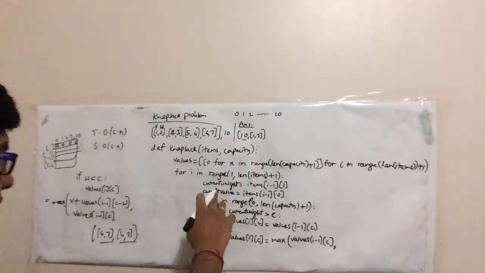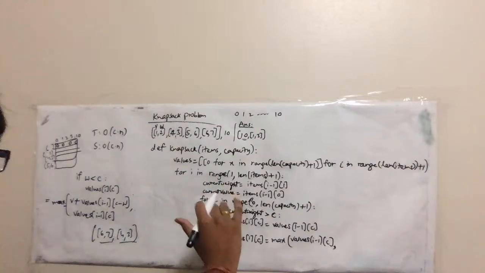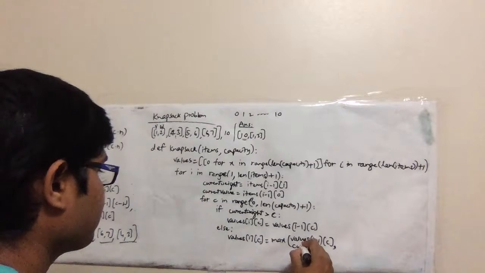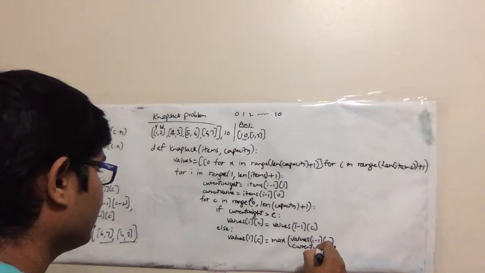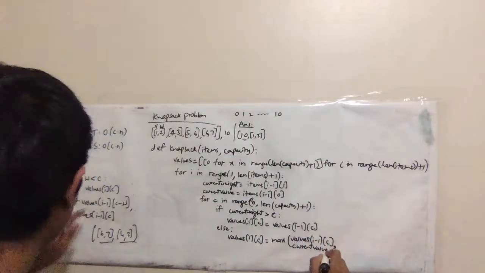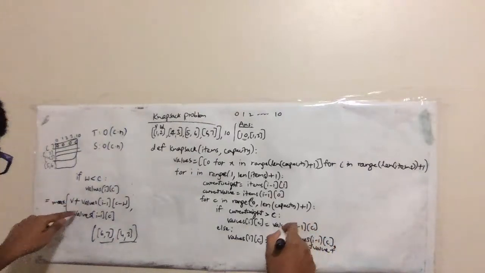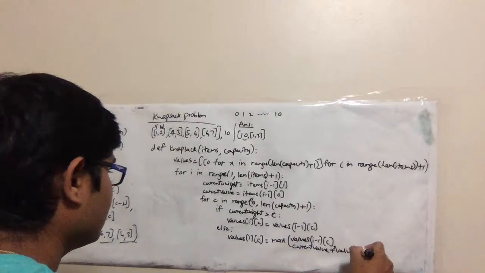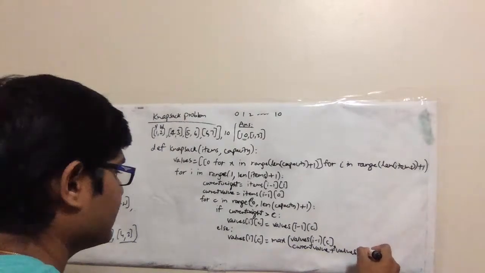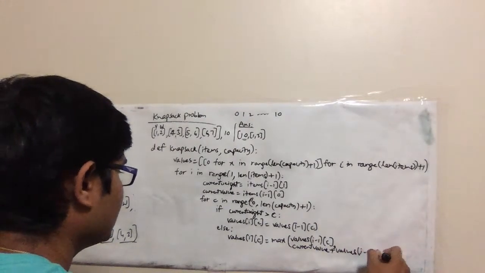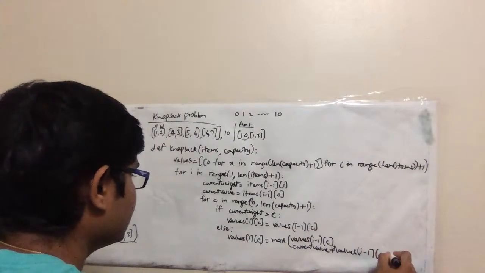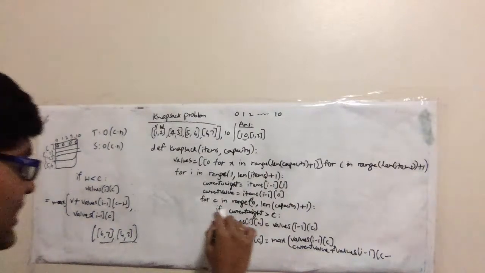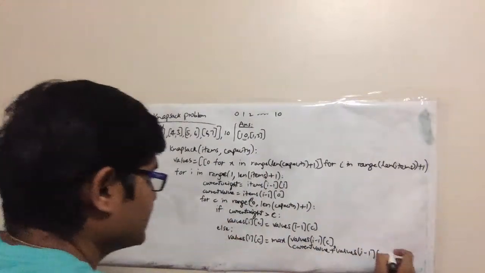What is v here? V is current value, right? So current value plus values of I minus 1 comma c minus current weight, where c is capacity. So we are getting c minus current weight.